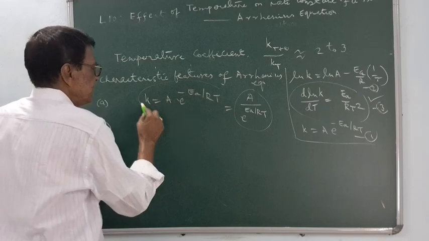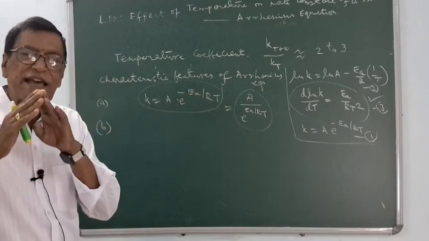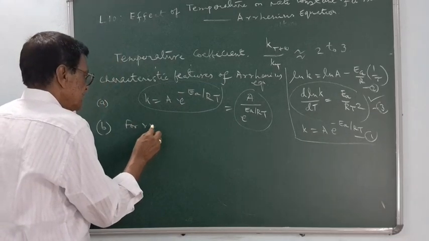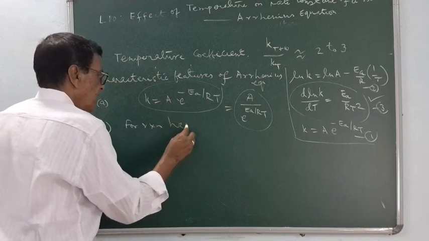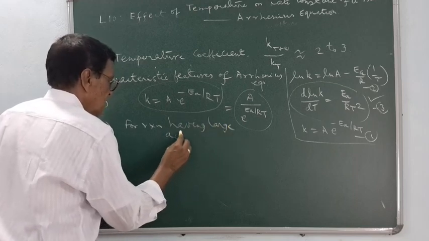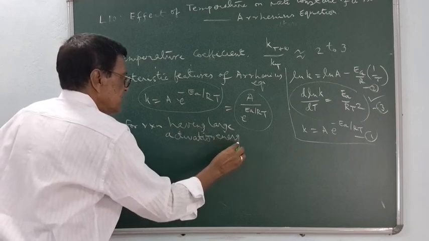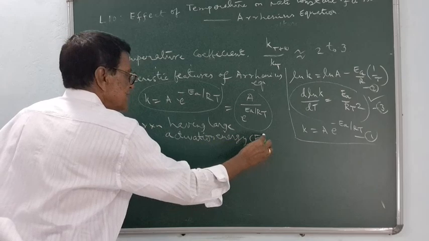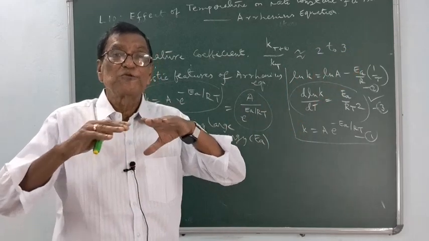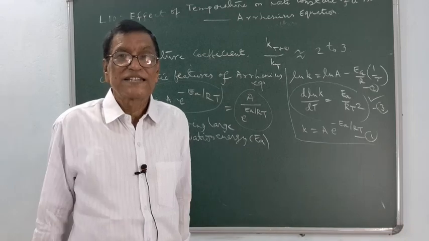From this again you see, for reactions having large activation energy, EA, a very large amount of energy is required for the reactant molecules to cross this energy barrier, to cross the top of this energy hill.